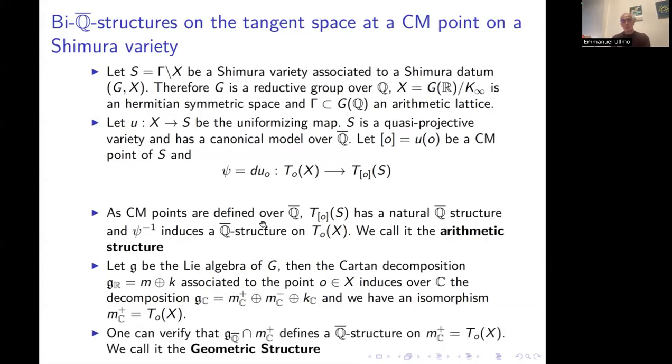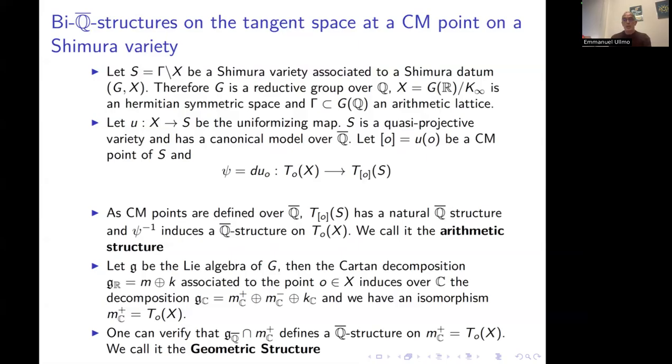If you take the intersection of MC plus with the Lie algebra of the group G extended to Q bar, you can check that this is a Q bar subspace of the holomorphic tangent space. So this is the second Q bar structure, and you call it the geometric structure.